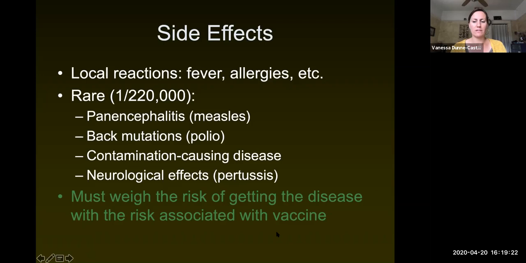But of course, there is this constant controversy, mostly in small subsets of the community, where the risk of getting the disease and the risk associated with that vaccine are really put into consideration.